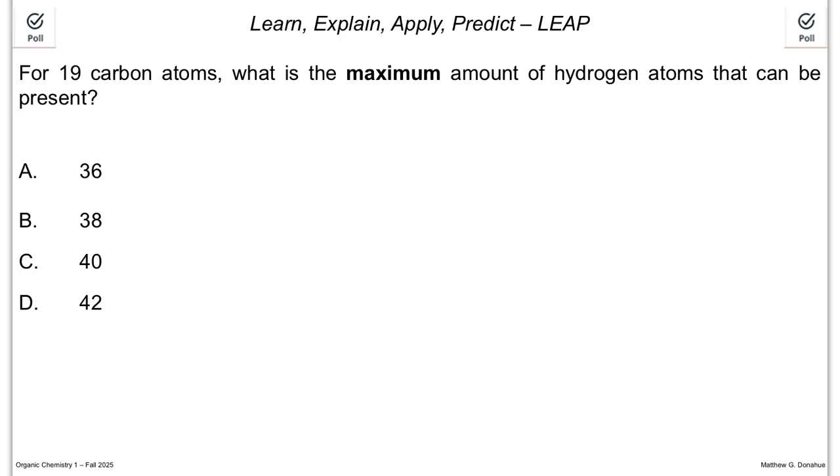So we have 19 carbons. For 19 carbons, what's the maximum number of hydrogens that can be present? 40. So we use that formula for the alkane.